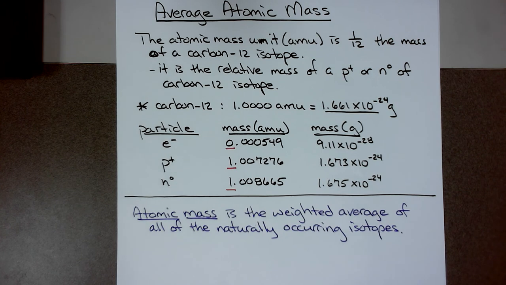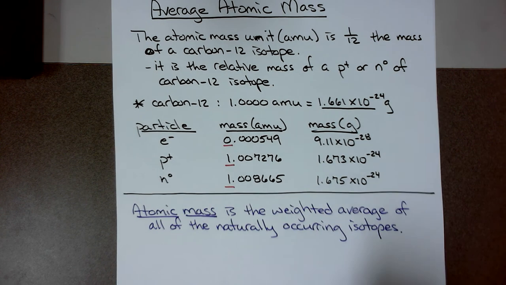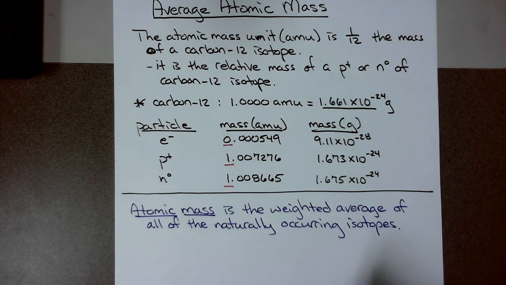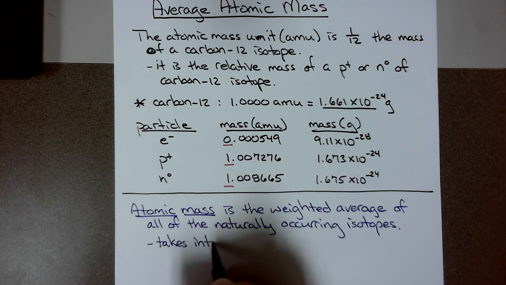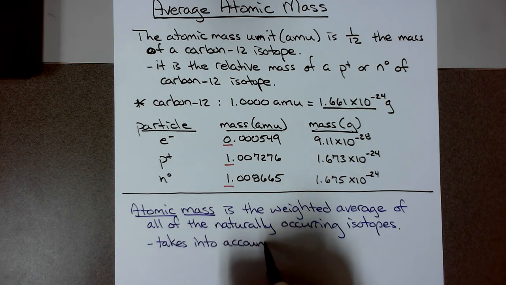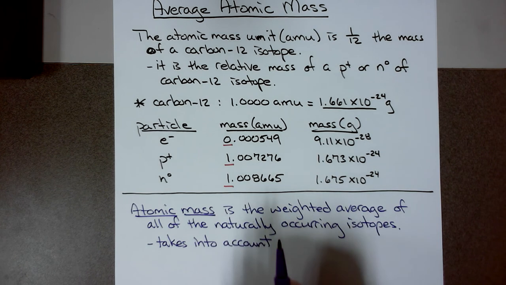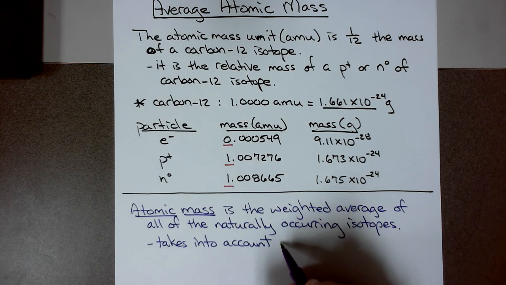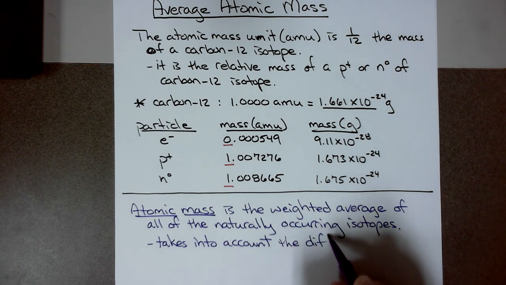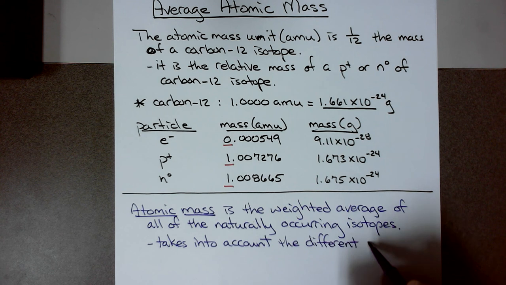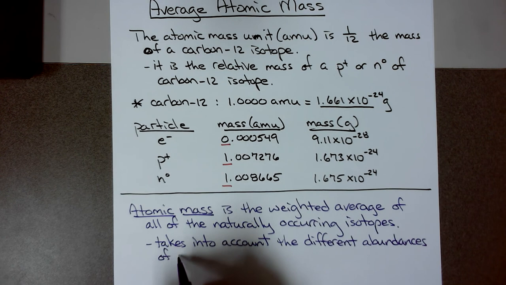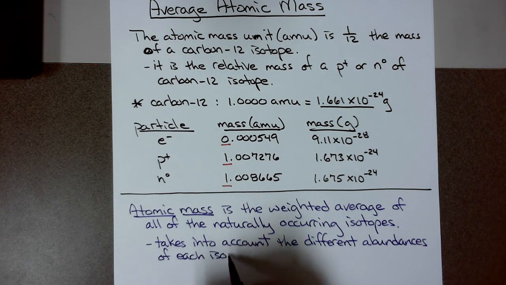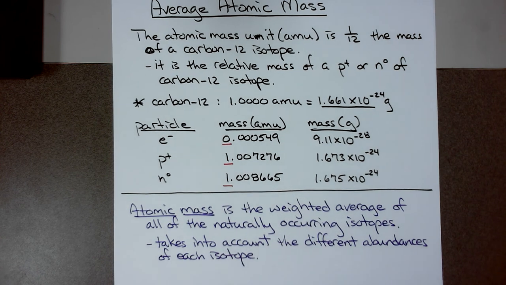But they all have different abundances. Carbon 12 has the highest abundance, and carbon 14 has the least amount of abundance. And so this average atomic mass takes into account the different abundances of each isotope of the element.